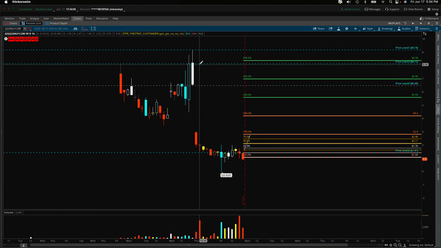We're looking for this next level, 8.12, for our next take profit point. And then looking at 9.18 for our next take profit. And if price happens to go above here, I will leave a runner and we could just go from there. This is pretty much how you look at a contract after analyzing the chart.